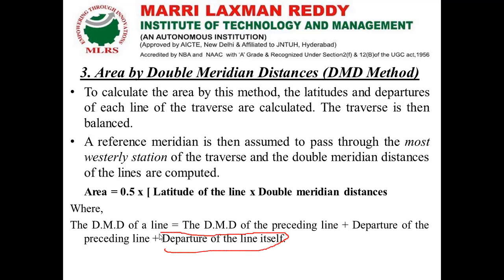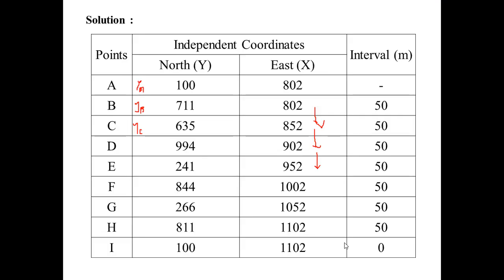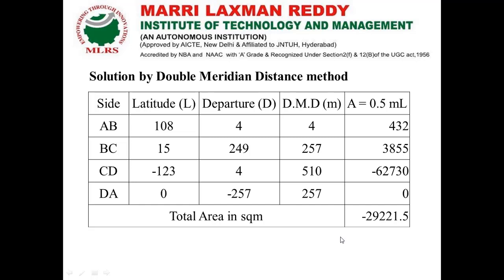So in between, for whatever line we are having, we have these two things. Okay, so for the first line and the last line, we are going to take whatever the value of departure is.